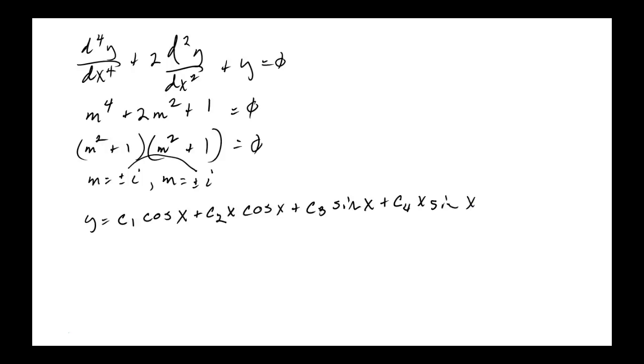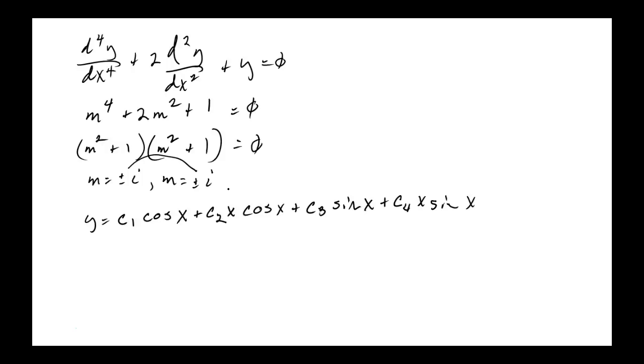Wait a minute. I forgot, those should be minus x's here. Wait. Cosine. Yeah, no. I think that's right, because they always come in conjugate pairs, so it's plus or minus 1. So that's it. Let's see if that's what they get. They got the middle two switched around. Well, what difference does it make? It's commutative, isn't it? It's a cosine, an x times a cosine, and an x times a sine. Okay, yeah, we did that right. I was making sure that the x is out front.